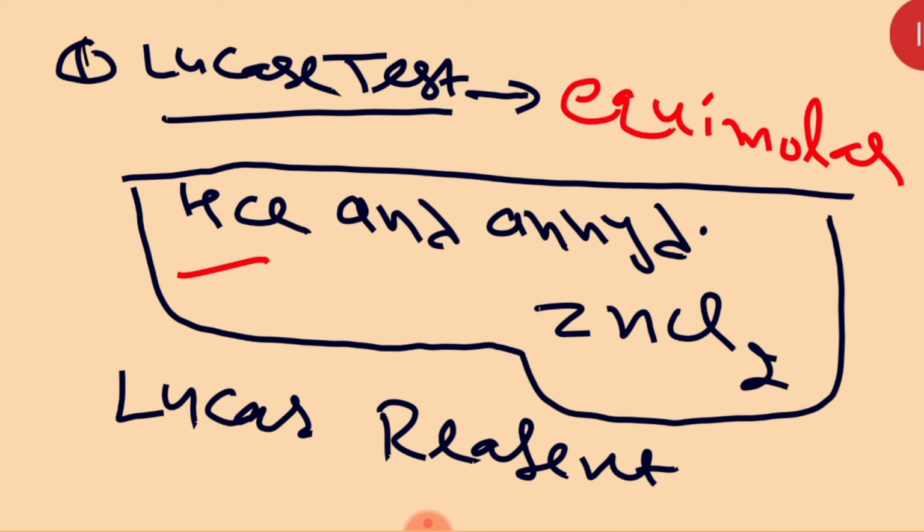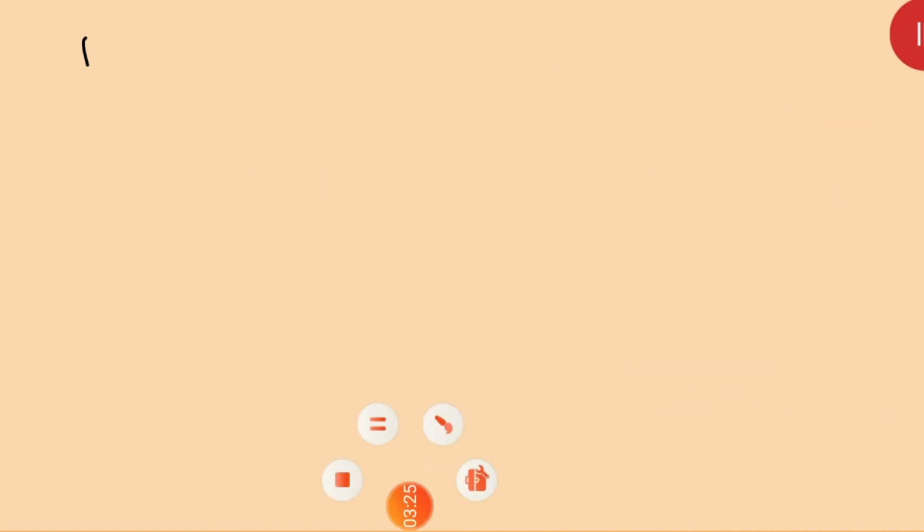Now after that what to do there? ठीक है, हमने क्या करना है इसमें Lucas reagent में? Now we can give its reaction with the primary, secondary, and tertiary alcohol. Suppose I am writing a simple reaction. See, this is the alcohol.